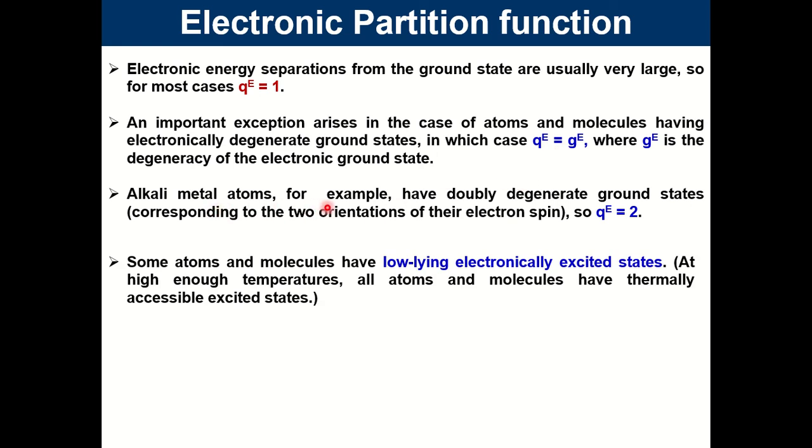In alkali metal atoms also, you have doubly degenerate ground states because of the orientation of the electron spin. So QE is equal to 2, the degeneracy, as there are two ways in which the electron spins can be arranged.